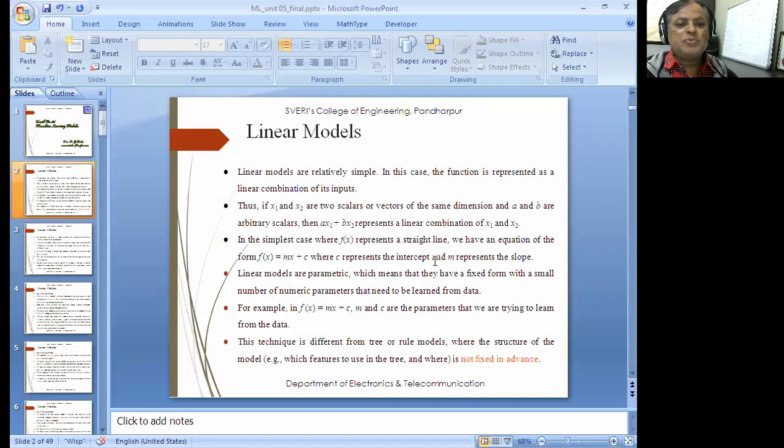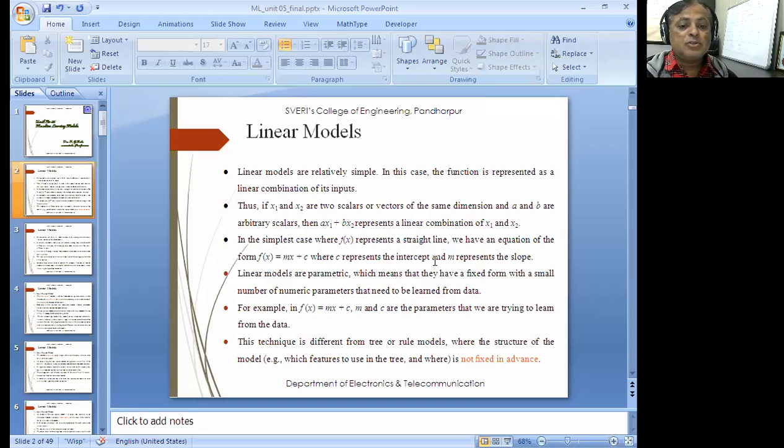In the simplest case, where f of x represents a straight line, we have the equation f of x equal to mx plus c. We know the slope equation y equals mx plus c is the equation for a straight line. Similarly, here f of x represents a straight line, so you can write the same equation: f of x equals mx plus c.